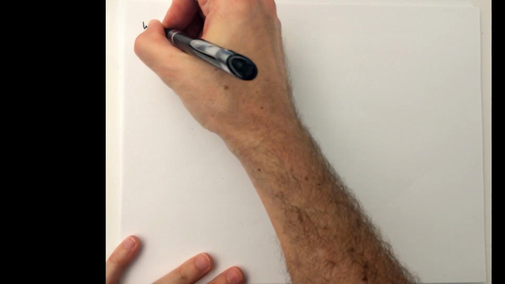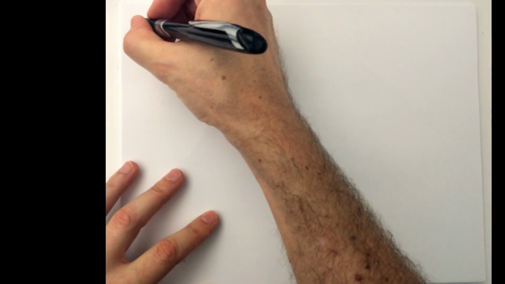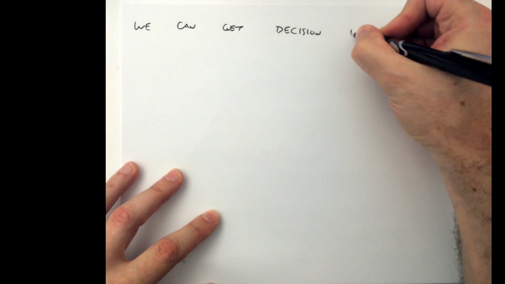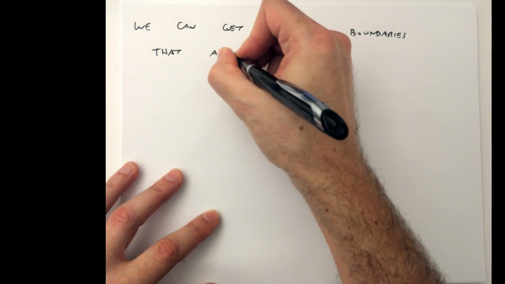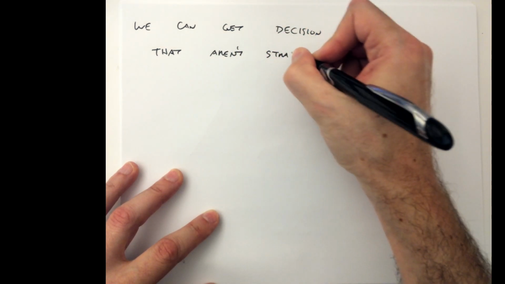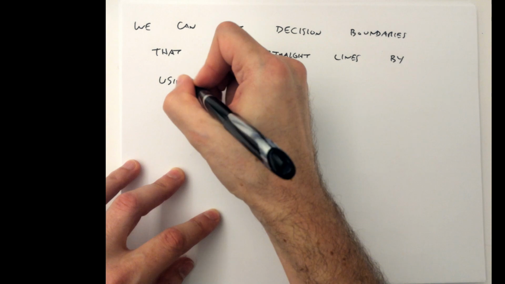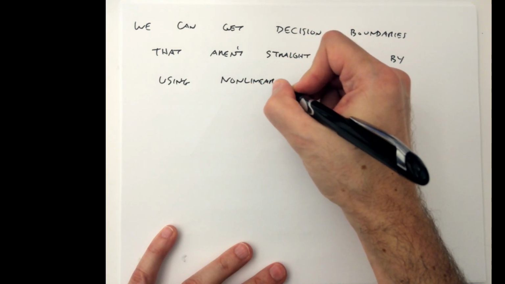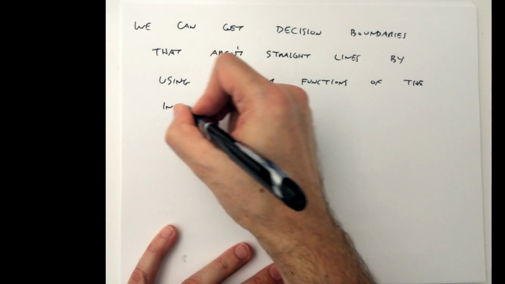So we can get decision boundaries that aren't straight lines by using nonlinear functions of the inputs, right?